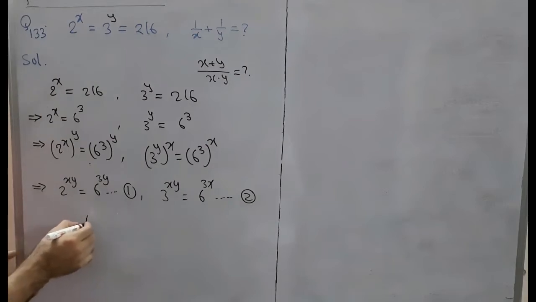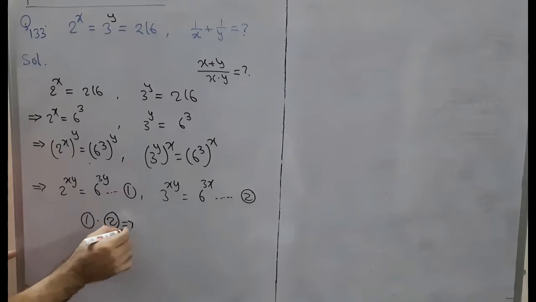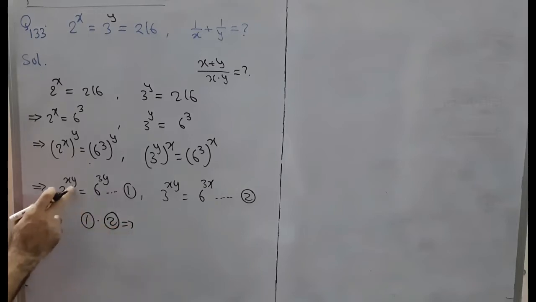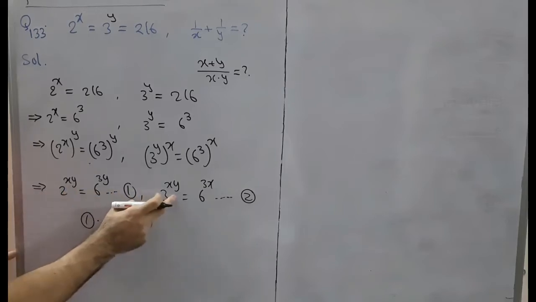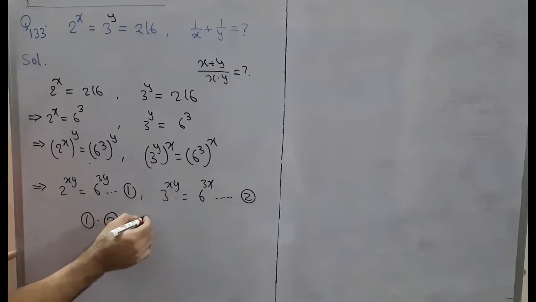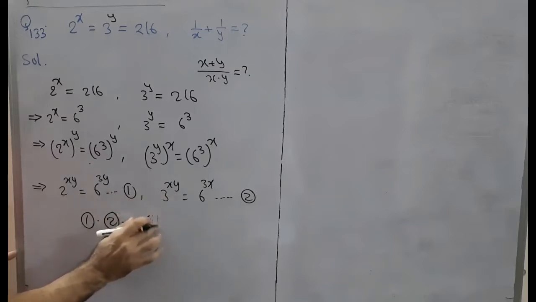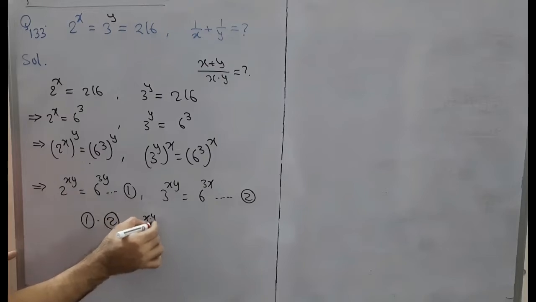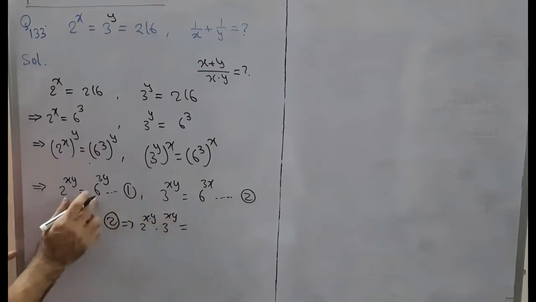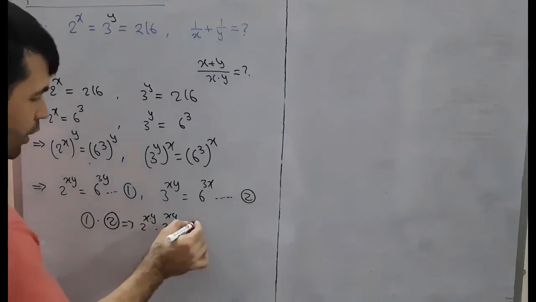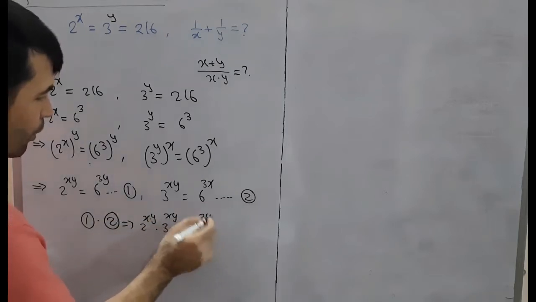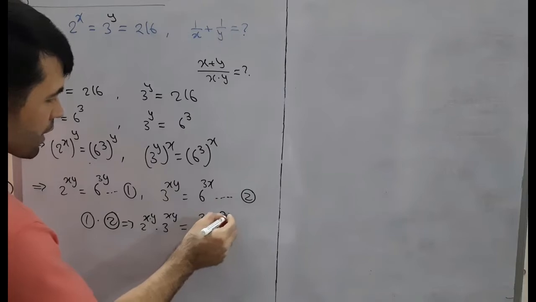Now relation 1 multiplied by relation 2, we get 2 to the power xy multiplied by 3 to the power xy is equal to 6 to the power 3y multiplied by 6 to the power 3x.